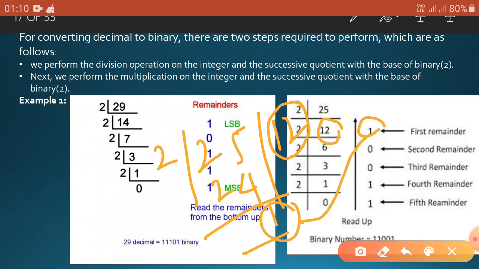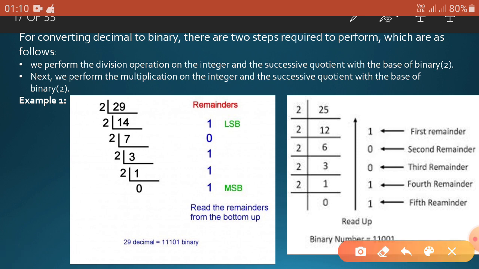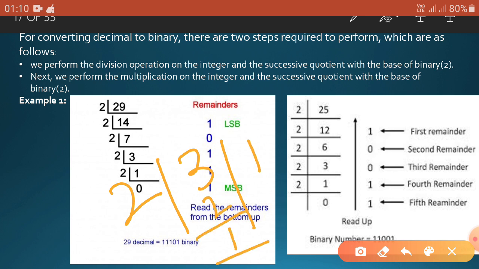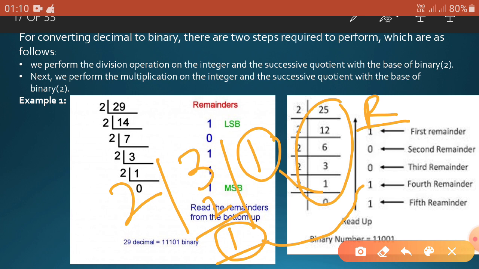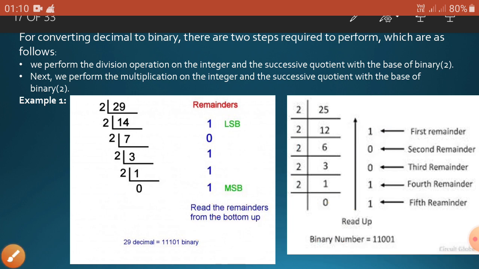Again, when you divide 3 using 2, what will be the number here? 1, and 2 is 1 1. So this one is here, and this 1 we write here. For the remaining part you write here, and the quotient part you write here. I think it is clear to you.